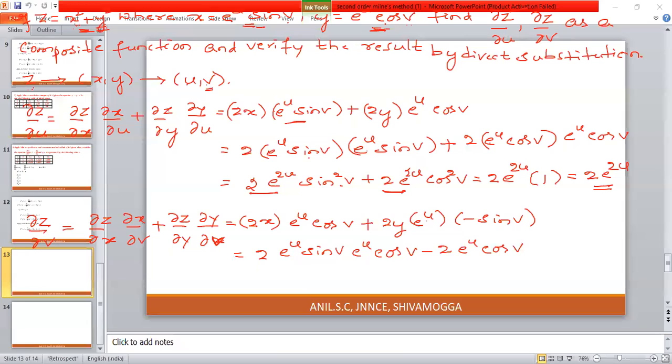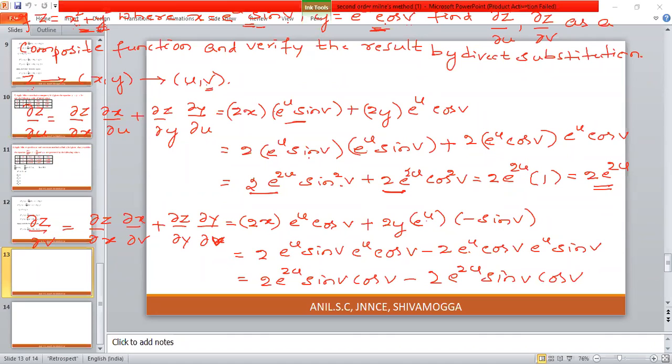E power u into sin v as is. Therefore, this is equal to 2 into e power u into e power u is e power 2u sin v cos v, minus 2 into e power u into e power u is e power 2u sin v cos v.